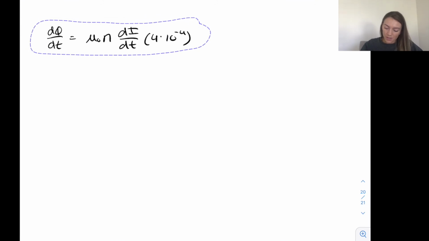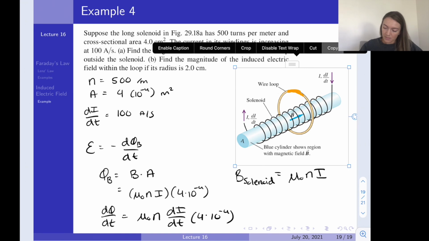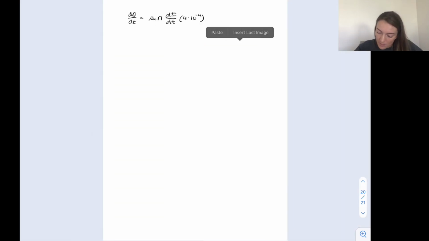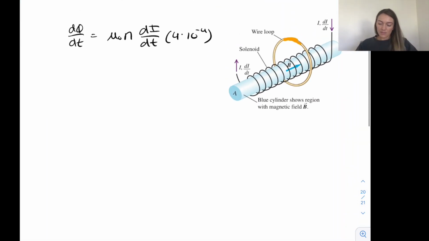So this is our change in flux. And our di/dt, we said, was increasing at a rate of 100 amps per second. So I can just now plug in all of my numbers here since I have all of these numbers.